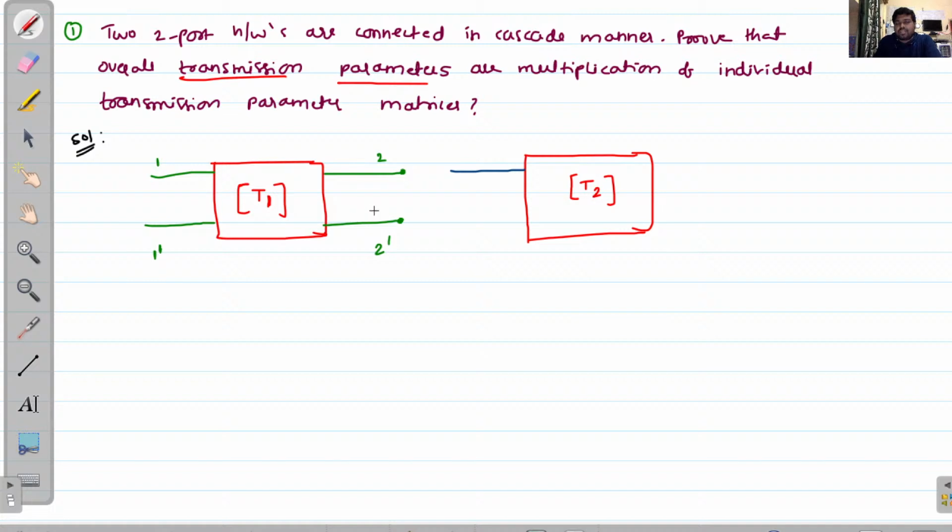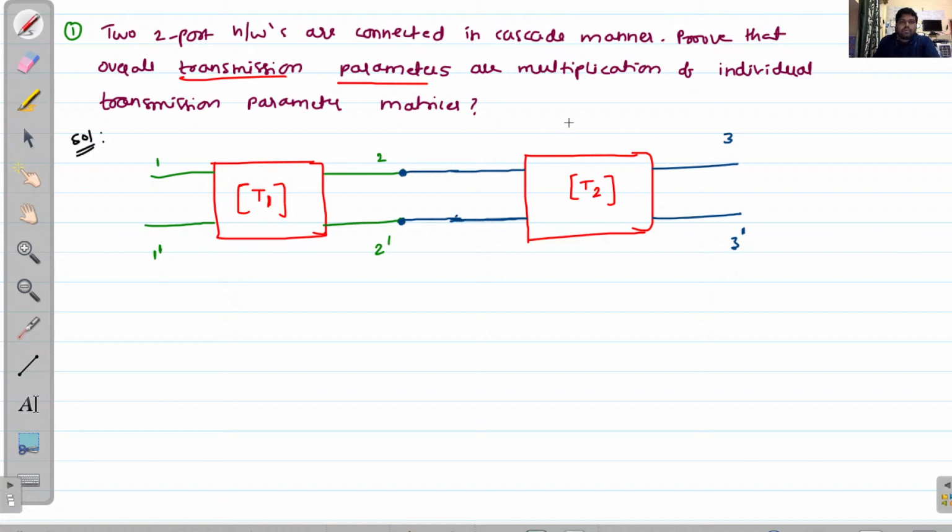So the output of the first two-port network is connected as an input to the second two-port network, and these terminals are 3 dash. These 2 and 2 dash are the outputs of the first two-port network that is connected to T2 as an input. And these are the nodes from T1 to T2.